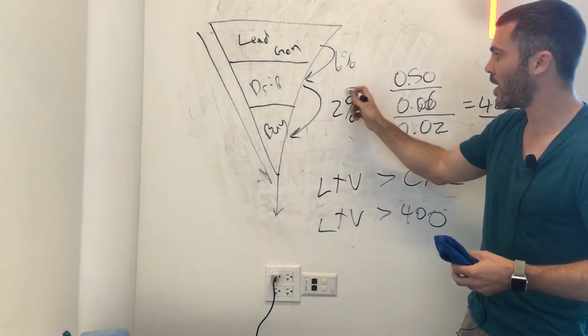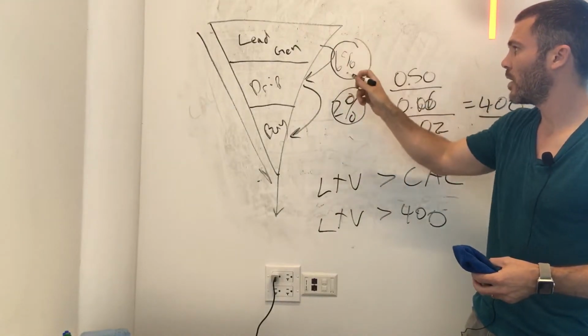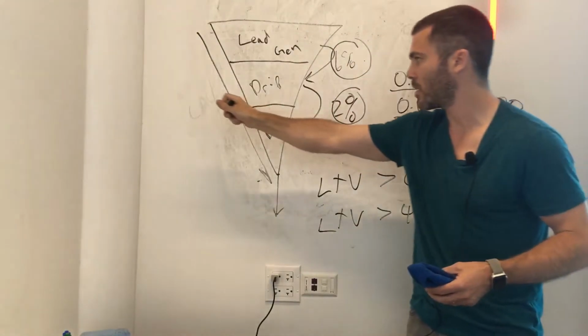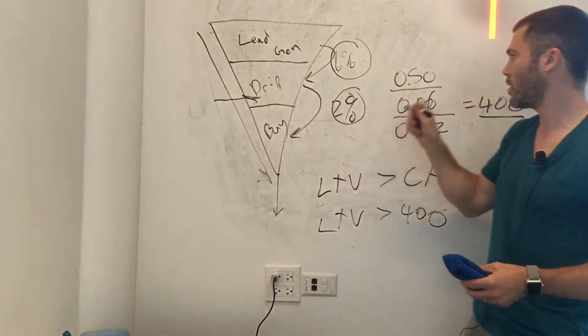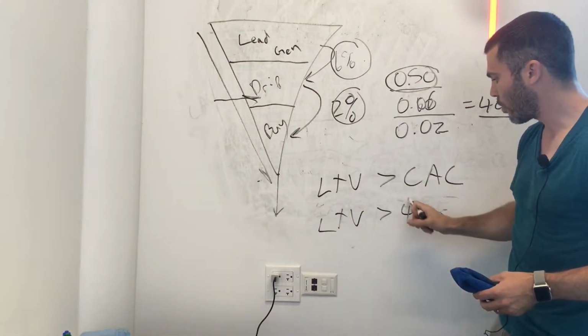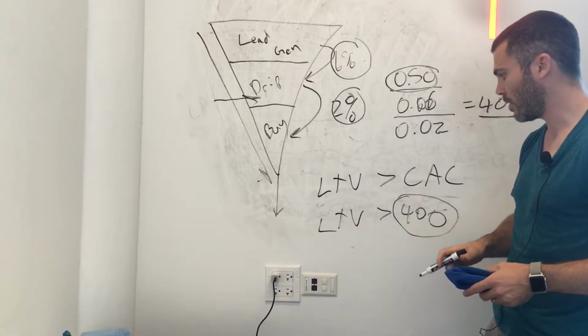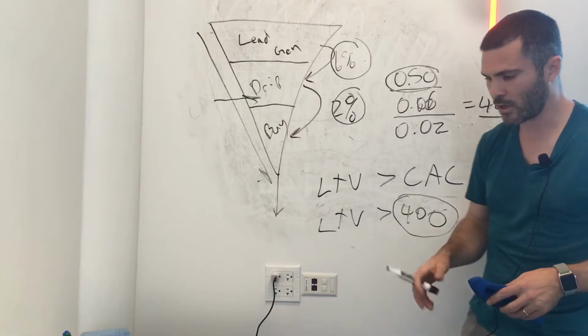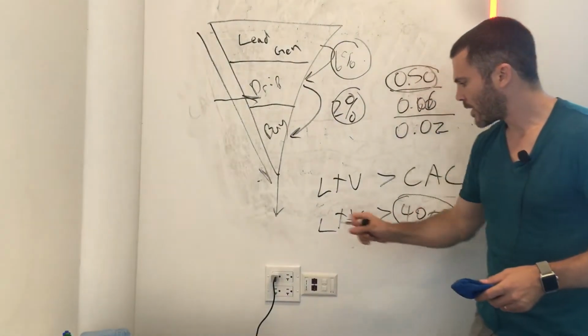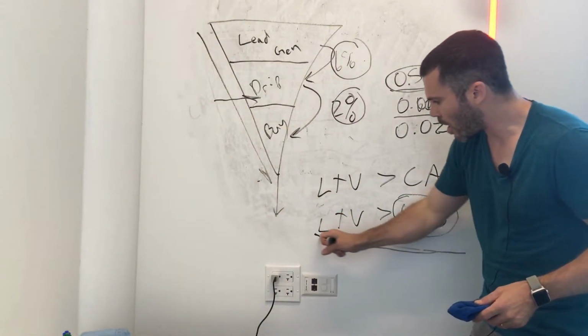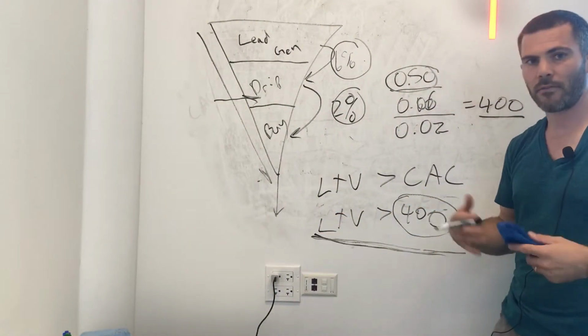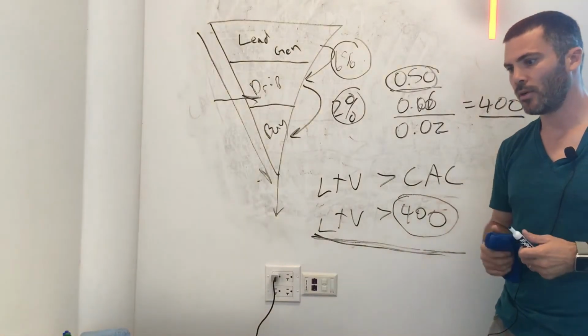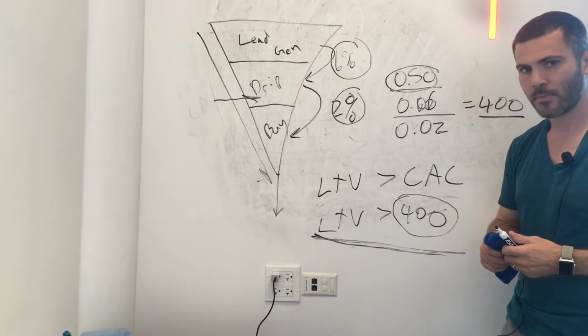There are different ways that you can hijack this funnel to try to increase these percentages, or bypass the percentages, or lower these costs in order to lower the customer acquisition cost. But that's how we think about whether the efforts that we're putting into our business are actually producing a profitable outcome.